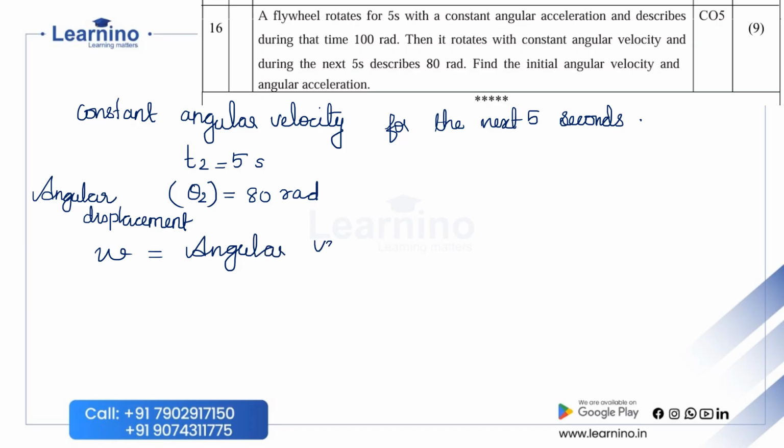This is equal in the final phase. So that angular velocity omega can be written as initial velocity omega 0 plus angular acceleration alpha into time t1. Our v is equal to u plus at.